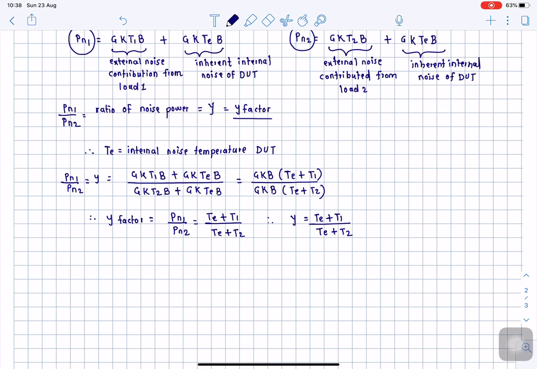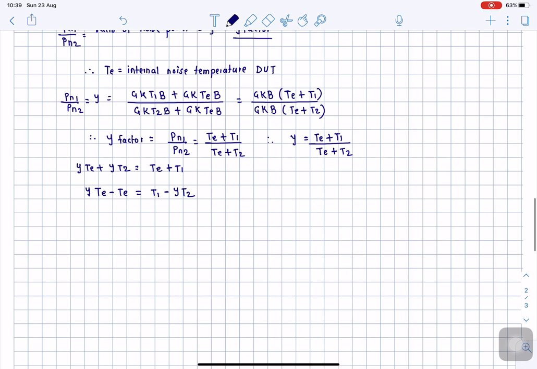Then we want to write this in terms of Te, that is what we are interested in. So we can write Y Te plus Y T2 is equal to Te plus T1. We take out the Te term common on the right hand side: Y Te minus Te is equal to T1 minus Y T2.